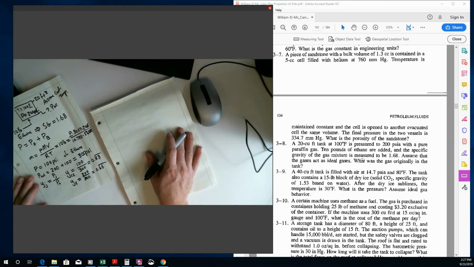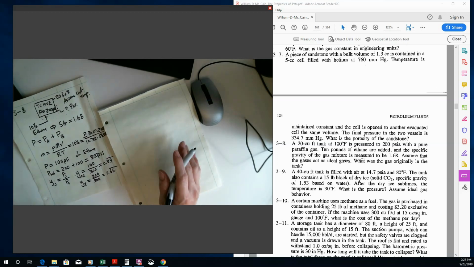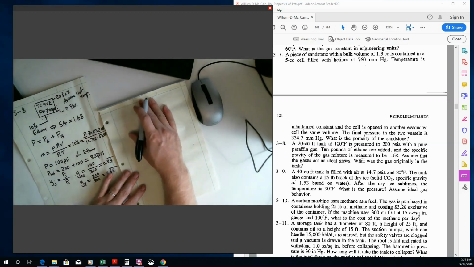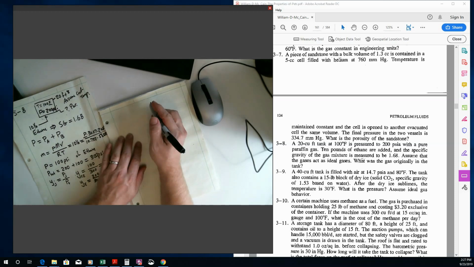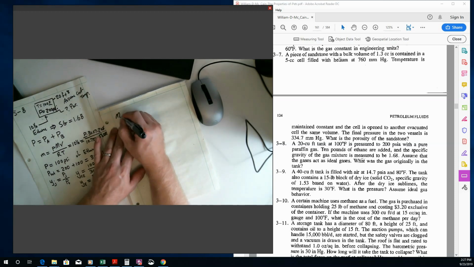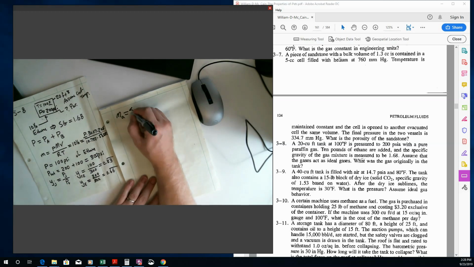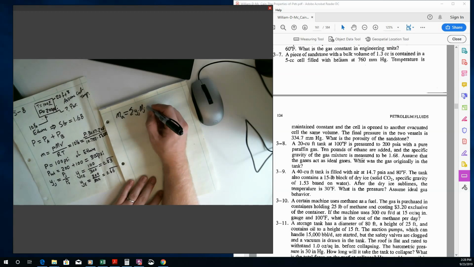So we know our compositions up there. Let's leave that right here so we can see that. Now, moving right along, we want to know our apparent molecular weight of this mixture. So the apparent molecular weight is equal to the summation of Y sub j times the molecular weight of component J, right?